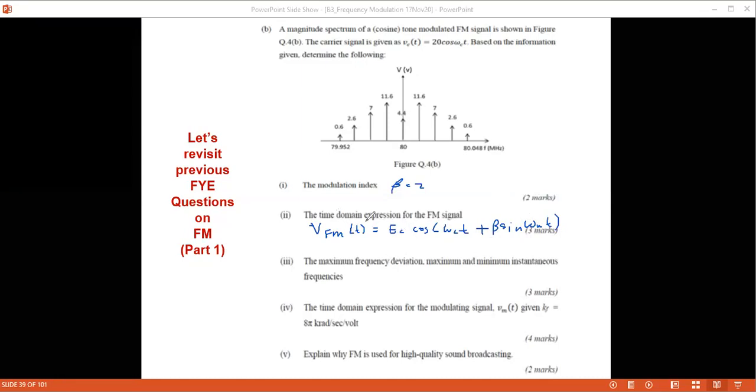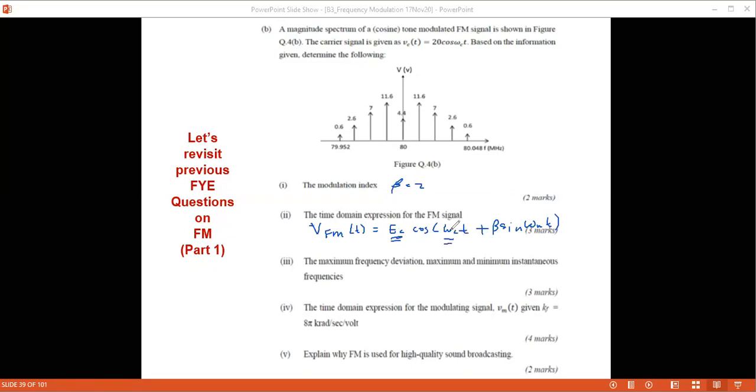This is our VFMT. We already know our EC, we already know our FC, 80 megahertz, and we already know our beta.